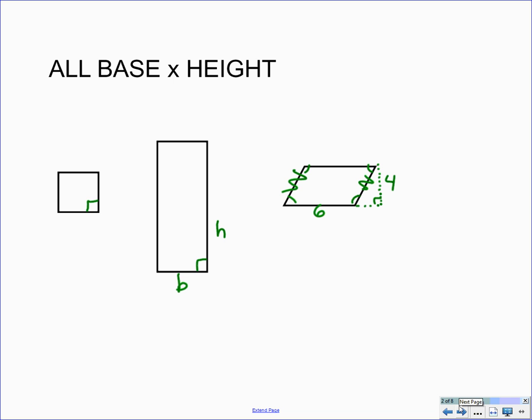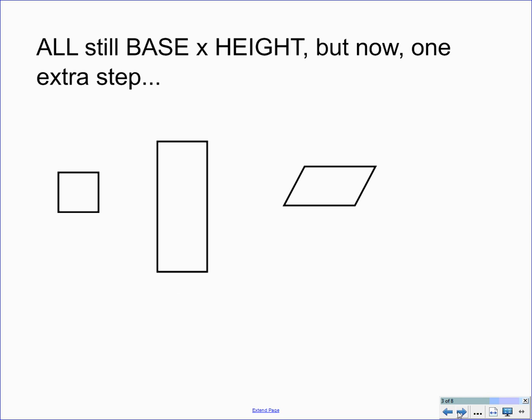All right, so what would happen to those shapes if you cut them in half, right? If we cut a square in half, cut a rectangle in half, even a parallelogram, they make triangles. It's still base times height. Like say this was 2 by 4. It's still got the same base, the same height. So now there's one extra step.